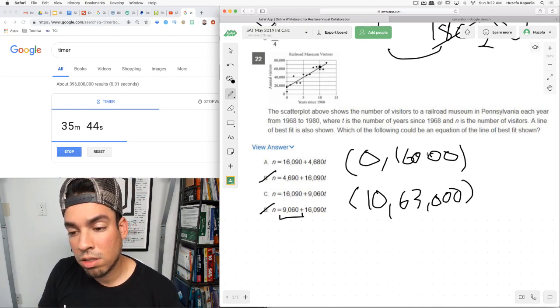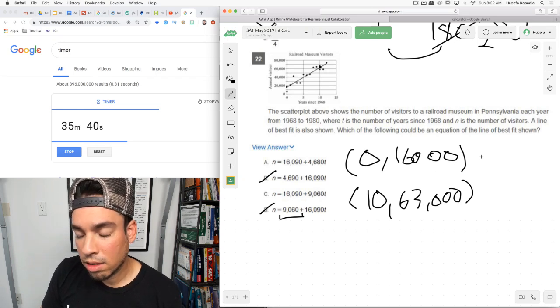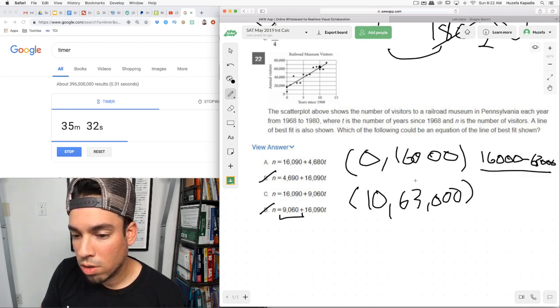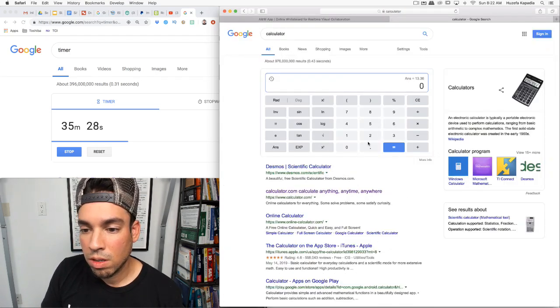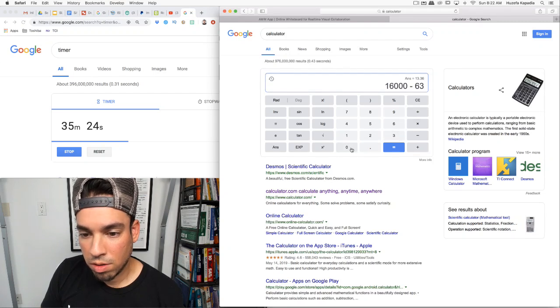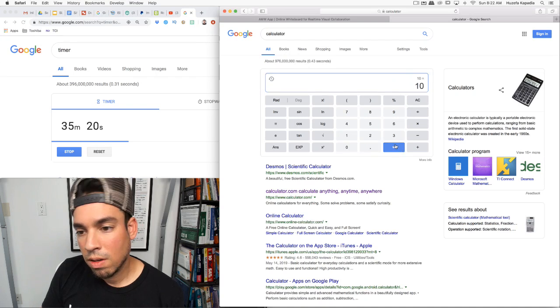And then we've got to calculate the slope. So subtract the y's: 16,000 minus 63,000 over 0 minus 10, which is negative 10. 16 minus 63 equals, divided by negative 10, but I'll just say 10.